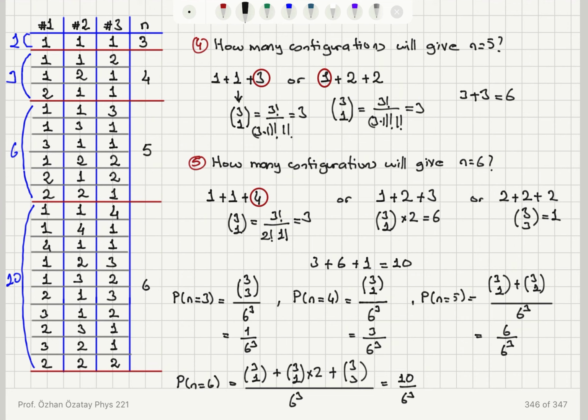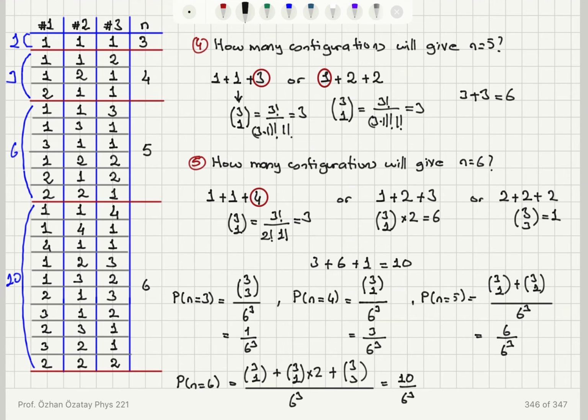Or we can choose 1 out of 3 dice to assign to it 1, which is in the 1 plus 2 plus 2 scenario. So it could be 1, 2, 2, 2, 1, 2, 2, 2, 1. That gives us 3. So we have either 1 plus 1 plus 3 or 1 plus 2 plus 2. So it's 3 plus 3, 6 possible configurations.